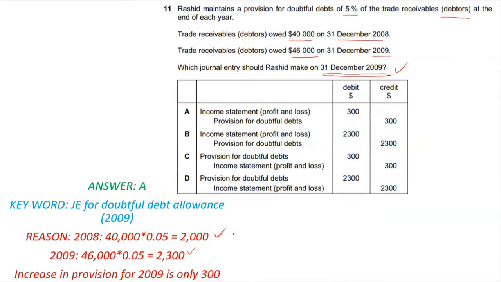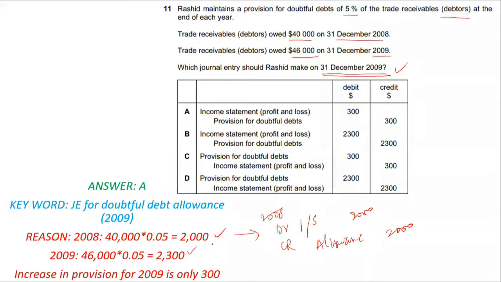In 2008, I would already have an entry of debit income statement and credit allowance or provision for 2,000, assuming that's when the company started to make provision. So this is for 2008, but the question is asking me to make the entry for 2009. In 2009, my provision has now increased from 2,000 to 2,300.